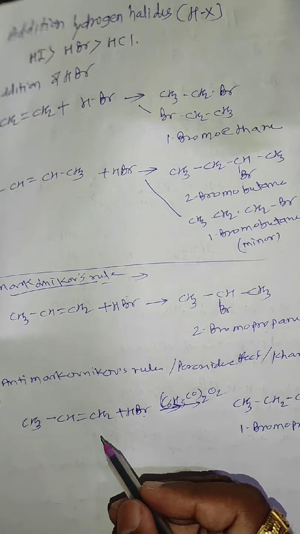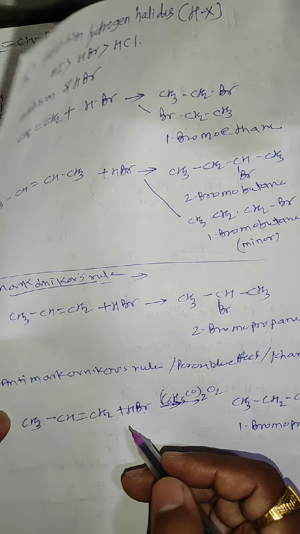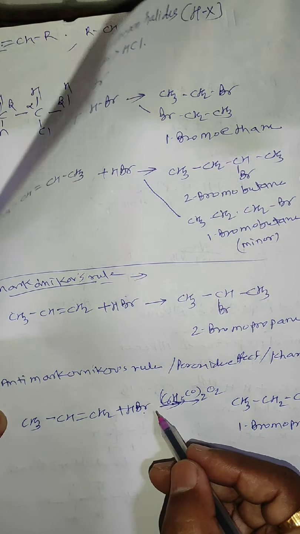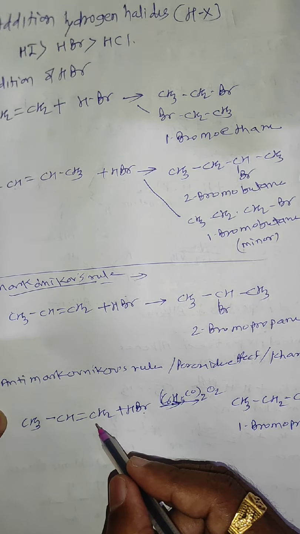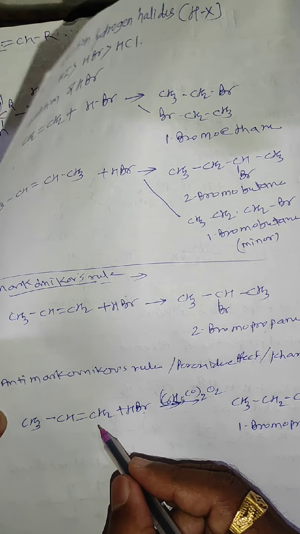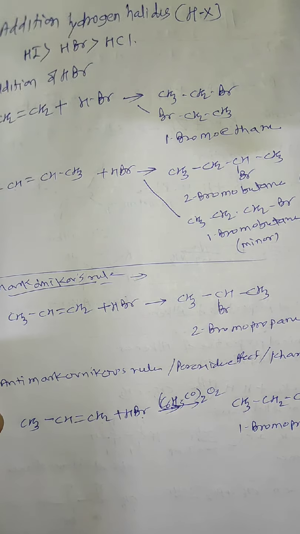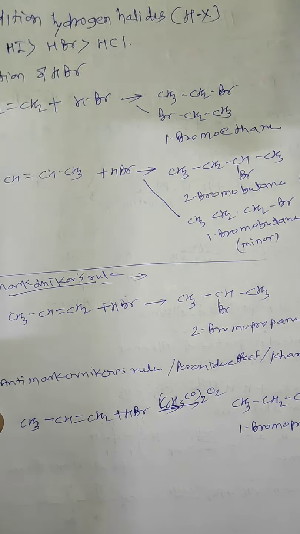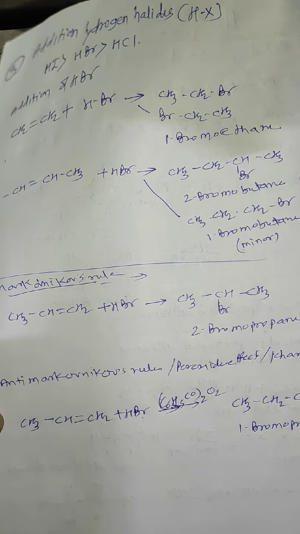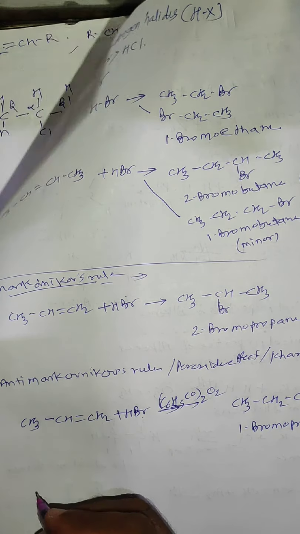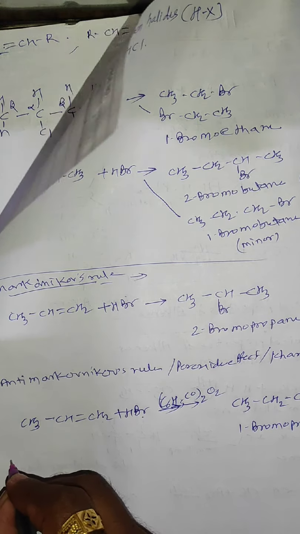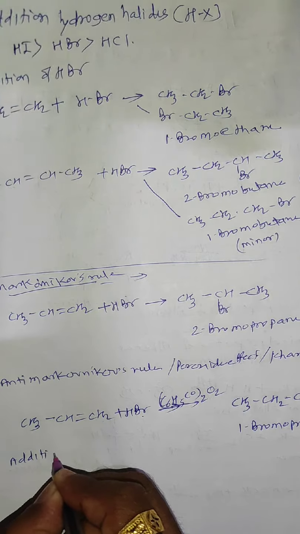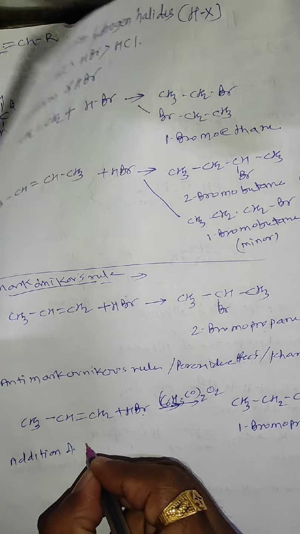But in the peroxide effect, or anti-Markovnikov's rule, when an unsymmetrical reagent is added to an unsymmetrical alkene, then the negative part adds to that carbon of the carbon-carbon double bond which has the greater number of hydrogen atoms, and it gives the corresponding CH3CH2CH2Br. After that, the next addition reaction is the addition of sulfuric acid.